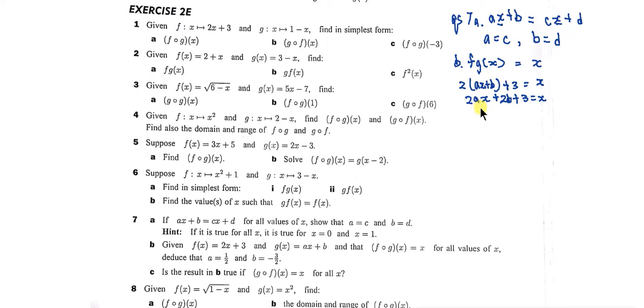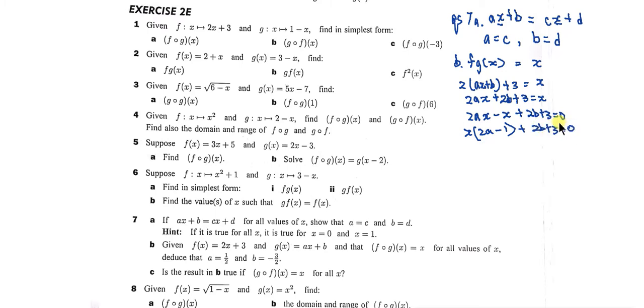Now, bring this x over here. 2ax minus x plus 2b plus 3 equal to 0. Now, take out a common factor, which is x. So we've got 2a minus 1 and 2b plus 3.